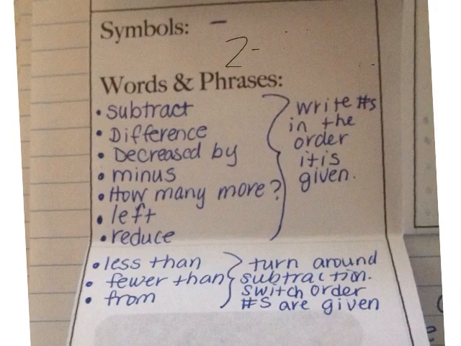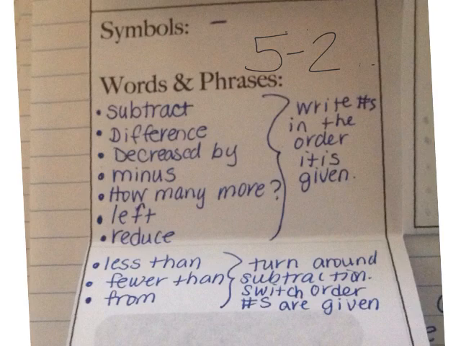Instead of writing it as 2 minus 5, you're going to turn them around, so it's actually 5 minus 2. So anytime you see less than, fewer than, from, you take the order that they give you the 2 numbers, and you will turn them around, you will switch them, and then subtract them.